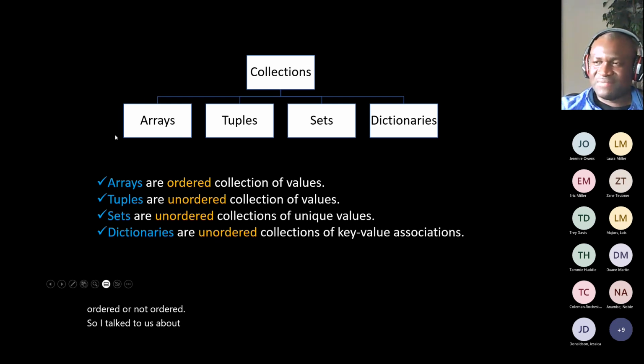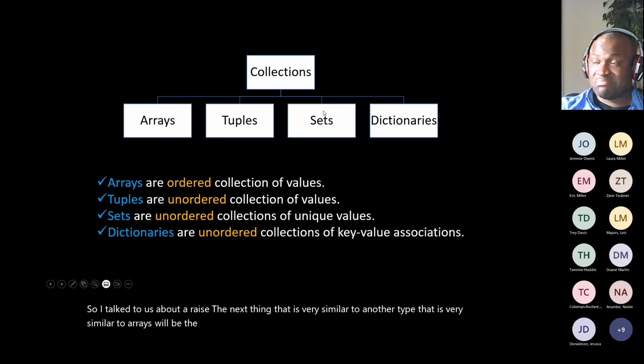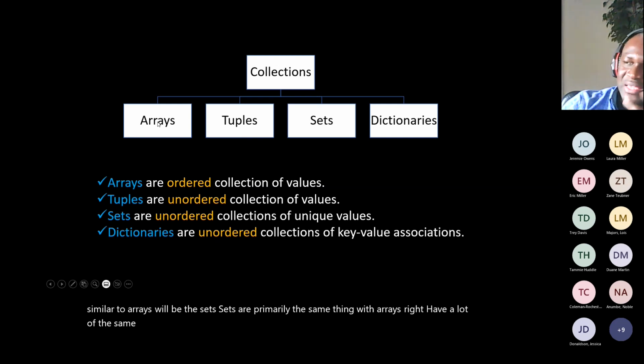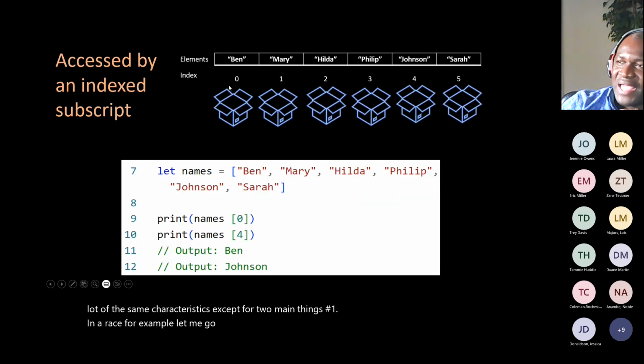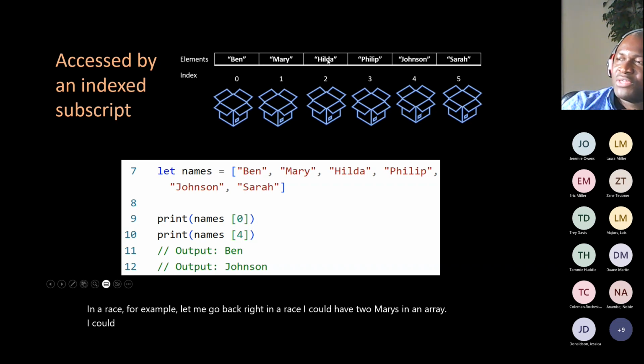So I talked to us about arrays. Another type that is very similar to arrays will be the sets. Sets have a lot of the same characteristics as arrays, except for two main things. Number one, in arrays, for example, I could have 2 Marys in an array, or I could have 4 Hildas.